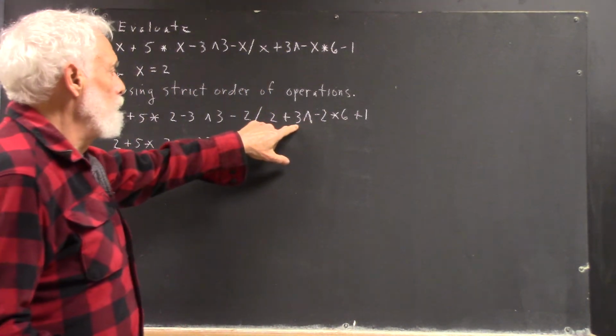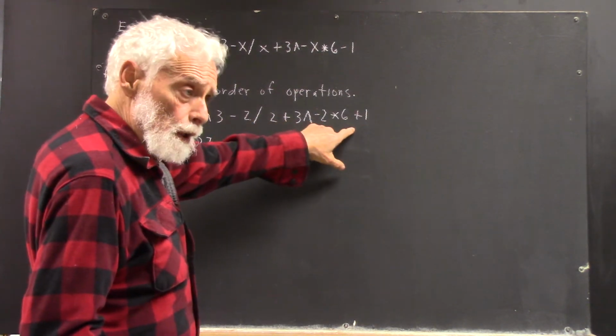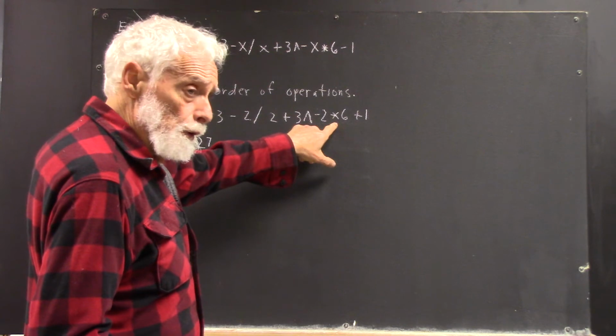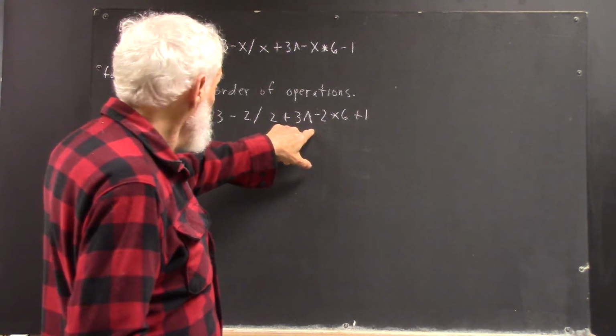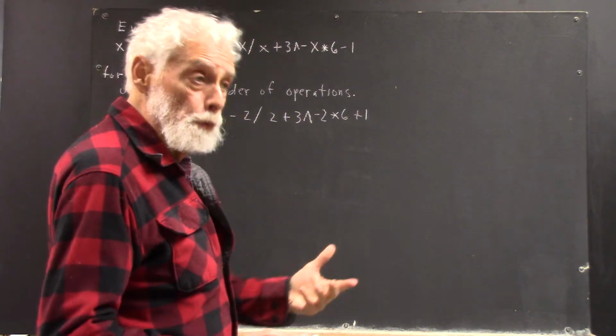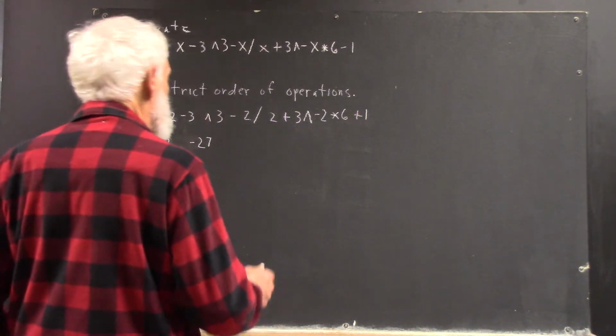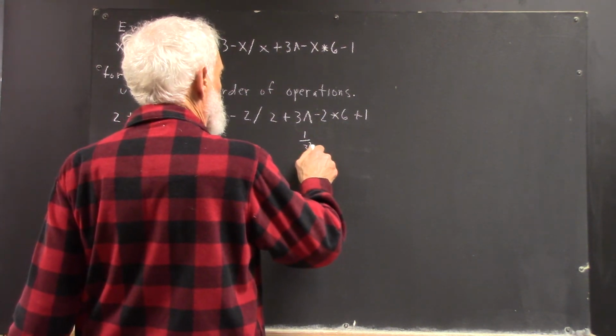And again, we do 3 raised to the negative 2, not to the negative 2 times 6, because we can't do this multiplication since we have this exponentiation here. So 3 raised to the negative 2 is 1 over 3 squared. And I'm going to write it that way. I'll simplify that in the next step.